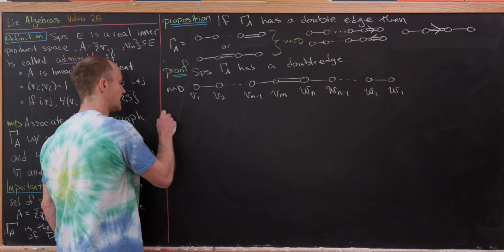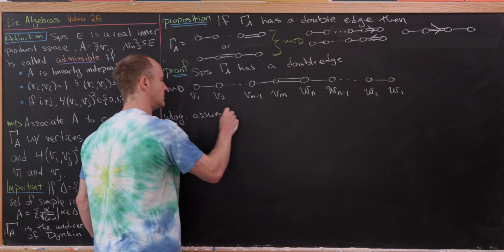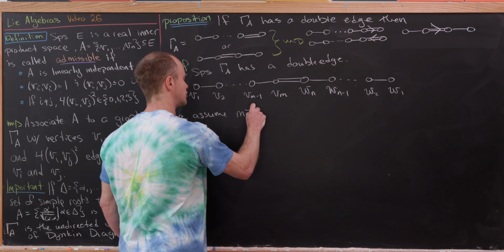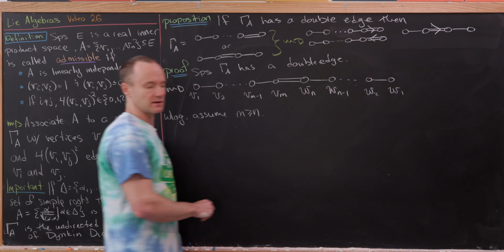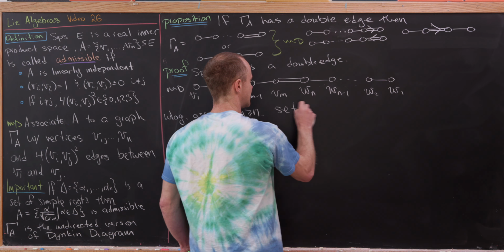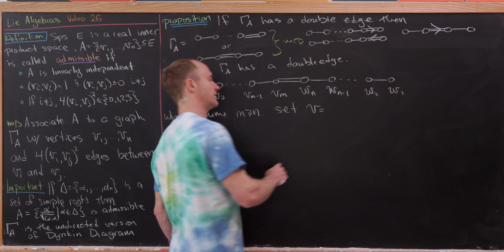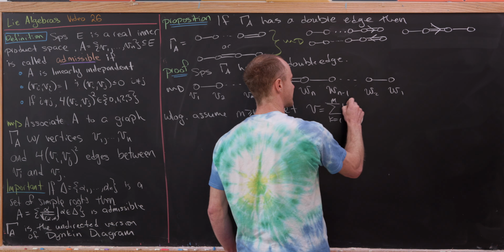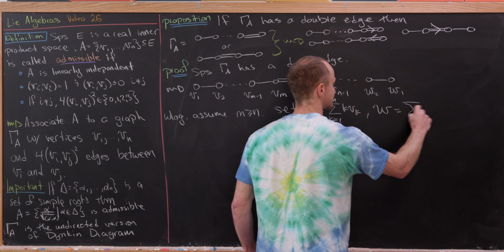Okay. So next up, without loss of generality, let's assume that m is bigger than or equal to n, which we can make that assumption. Then let's set v equal to the same kind of thing that we had before. So that's going to be the sum as k goes from 1 to m of k times vk, and then we'll set w equal to something similar.